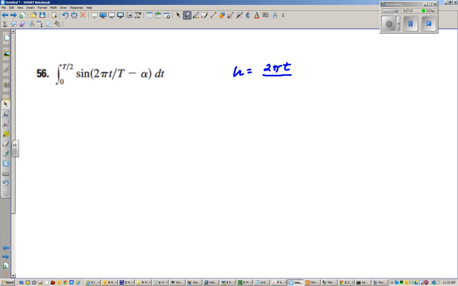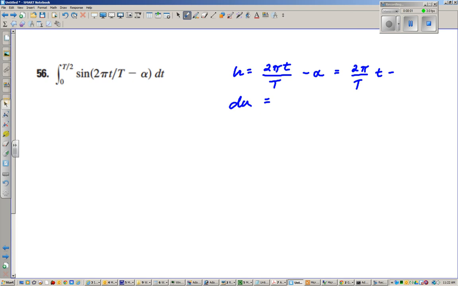It is 2 pi little t over big T minus alpha. I know that little t is the only variable. Everything else is a constant. Pi, of course, is a number, but big T and alpha are constants.